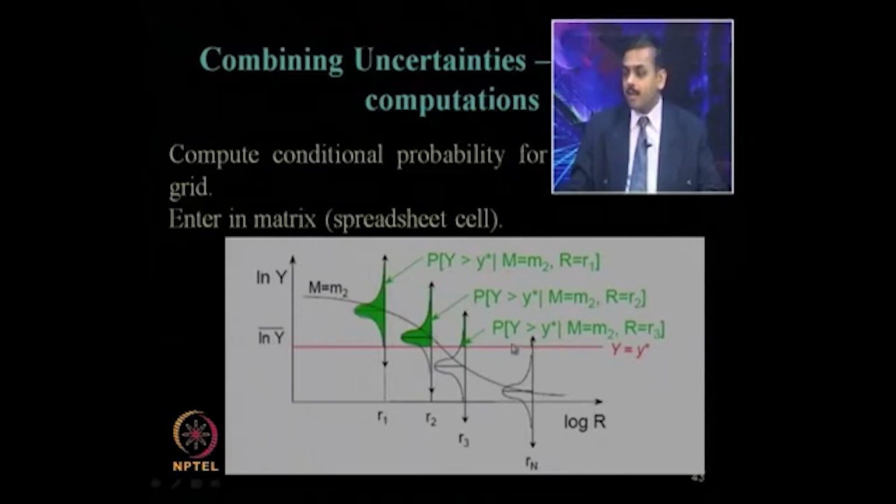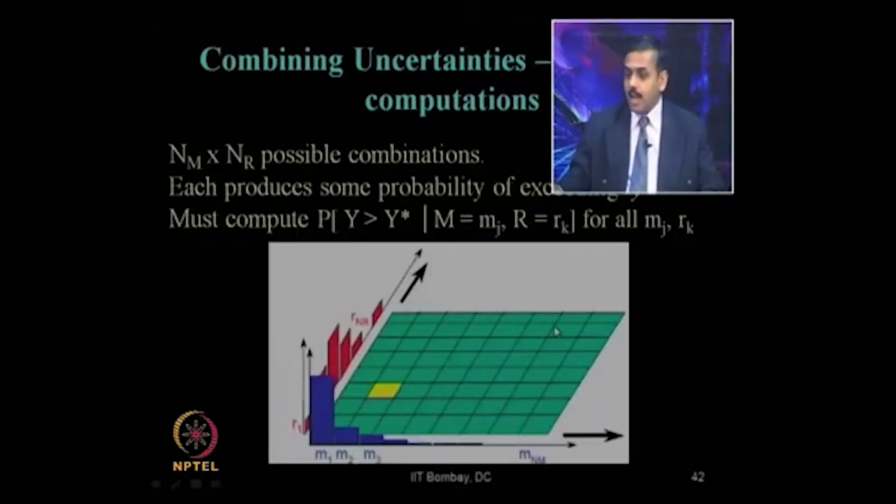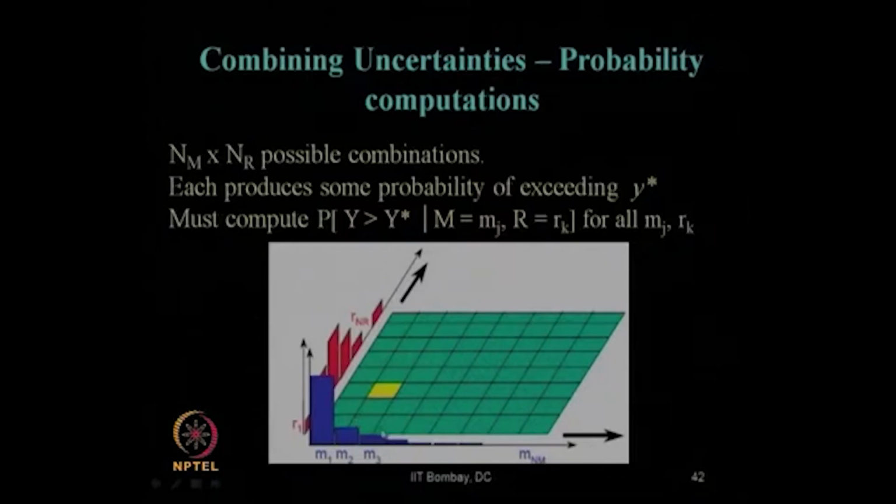For m equals m2 and r equals r3, it will be this shaded portion. Similarly for 4, 5 and so on. Like that, all this will give us the probability of occurrence of an event for a given m equals m2 for all values of r. That means if we look at the grid for m2, all values of r, these are the boxes you are taking care of. Got it?